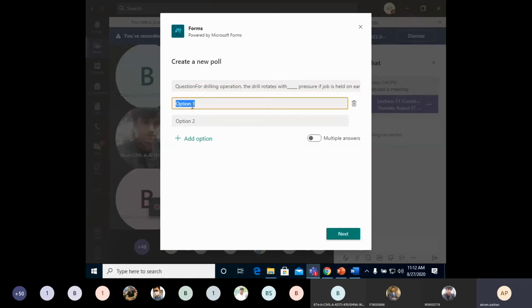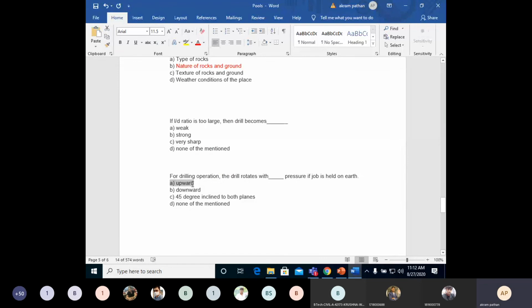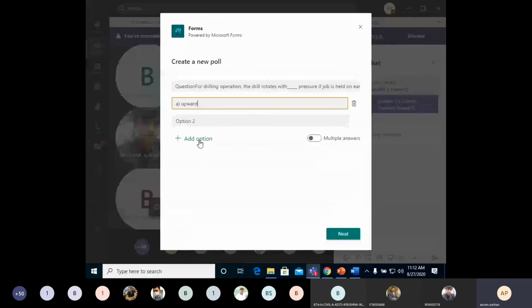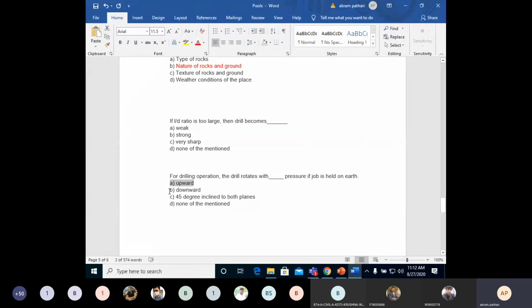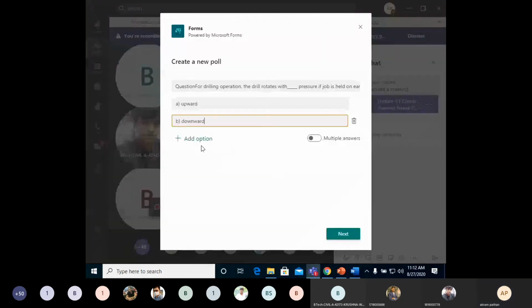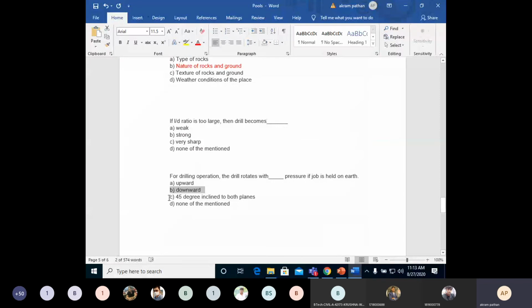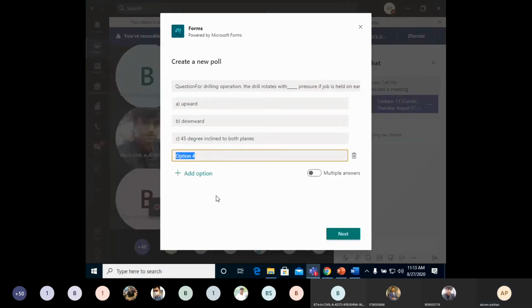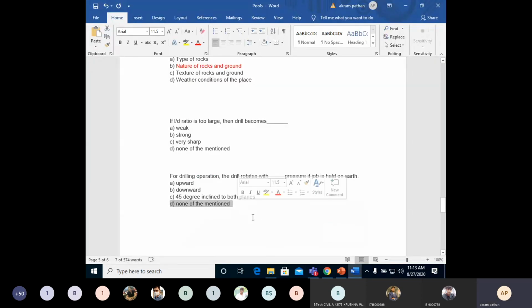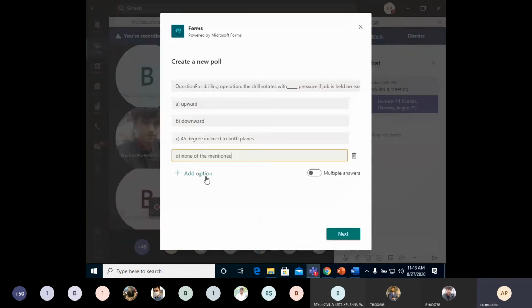The first option is upward movement, the second is downward, the third option is 45-degree incline to both planes, and the fourth option is none of the mentioned.